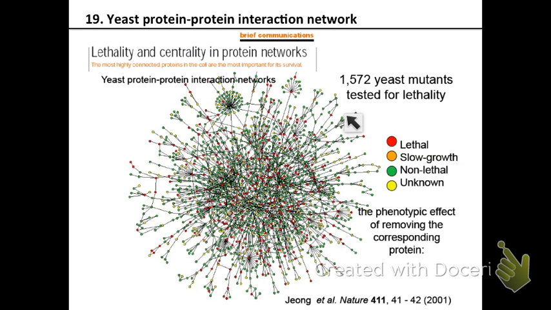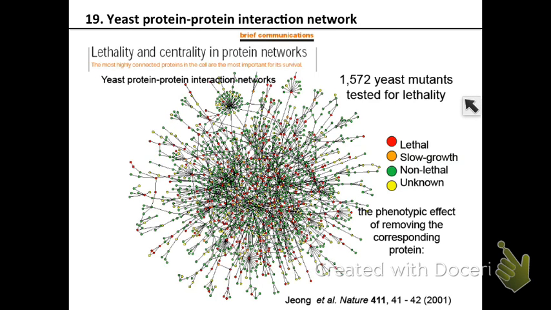So next, in the previous years, there was another study. In this study, the researchers took yeast strains and knocked out a single gene. So they made a library of yeast strains where each yeast strain had one gene knocked out, okay? And then they grew these yeast strains on media and looked at which ones grow.